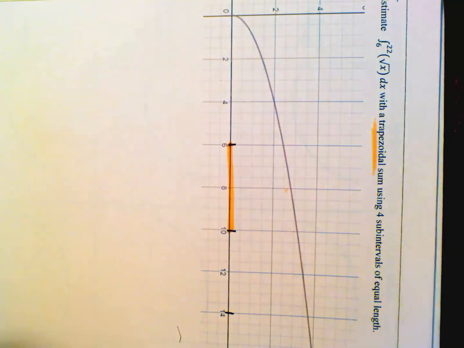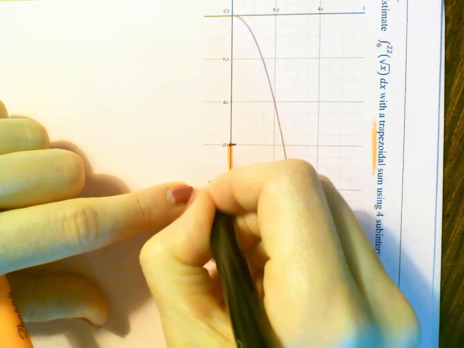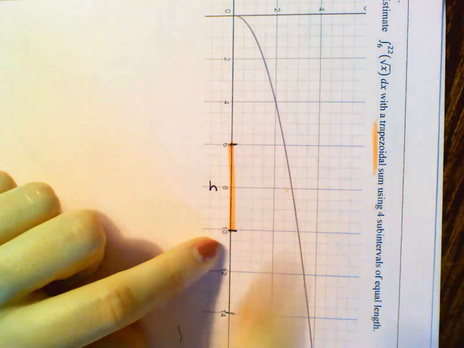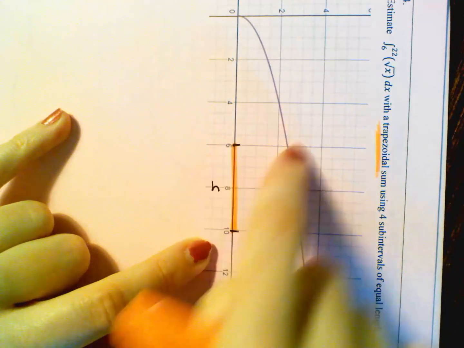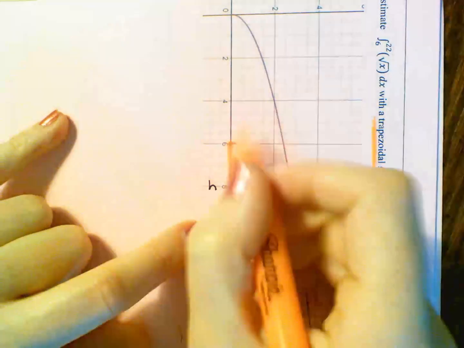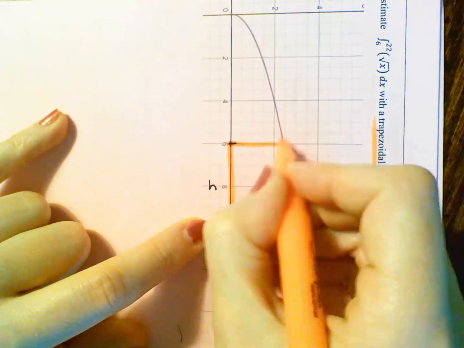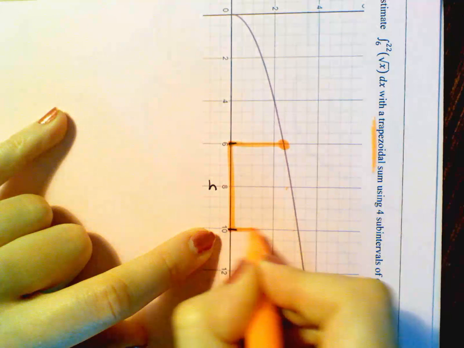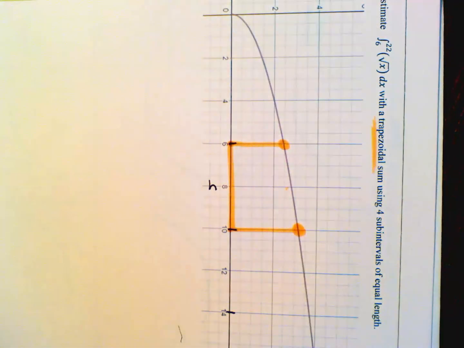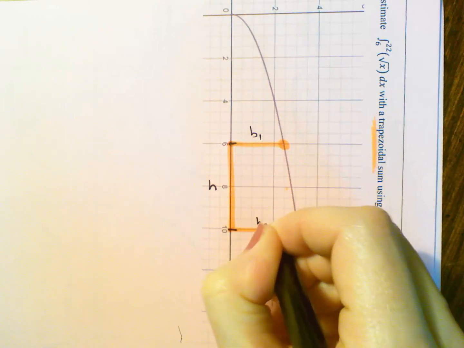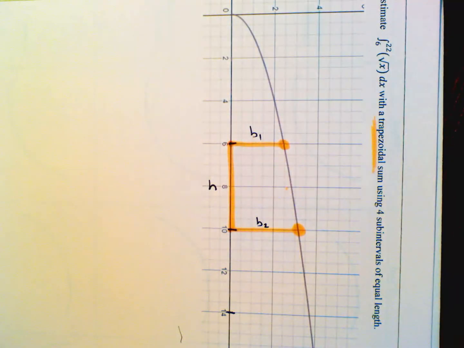This is actually going to be the height of the trapezoid. And a trapezoid has 2 bases, guys. It has these 2 parallel bases. So going from the left and right endpoints up to the graph, that's going to give you the bases of your trapezoid. All right, so this is base 1, and that's base 2 of the trapezoid.